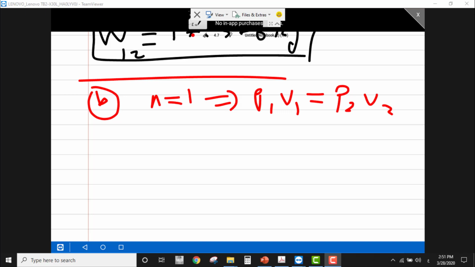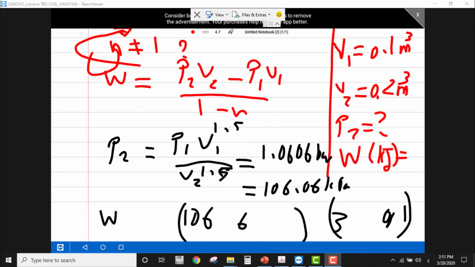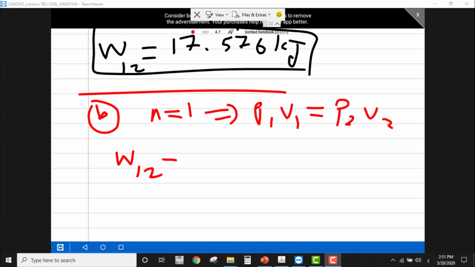But if n equal to 1, this is isothermal, so the isothermal relation for the work is equal to P1 V1 multiplied by ln V2 over V1.